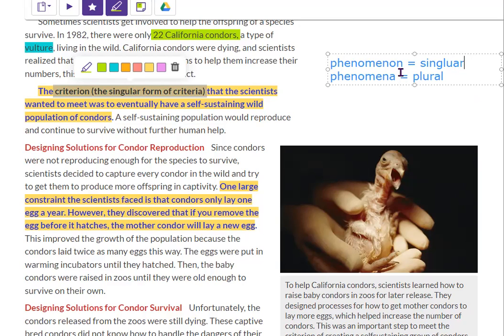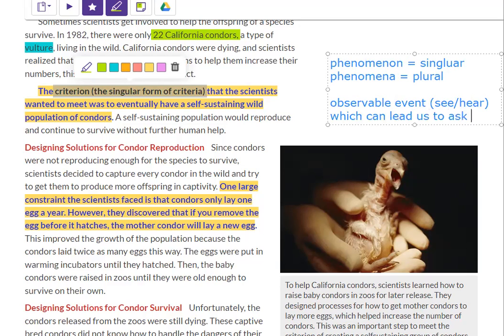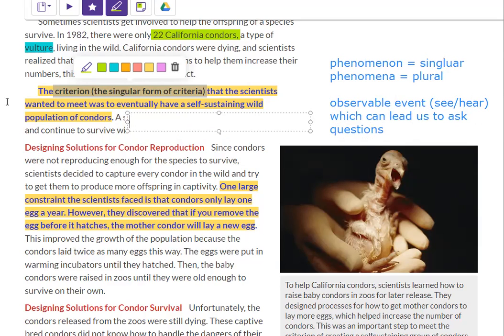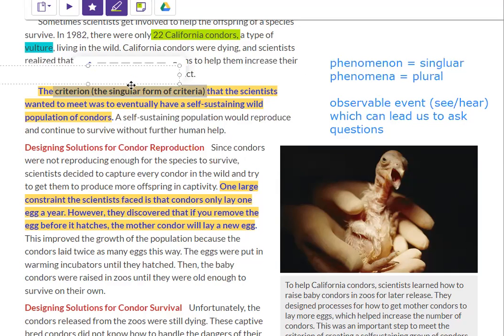And again, both of them refer to an observable event. So this could be anything that we can see or hear, which can lead us to ask questions, right?